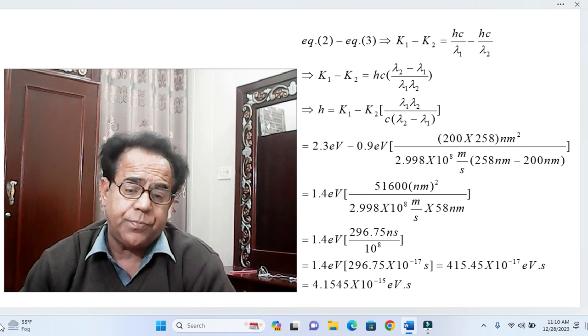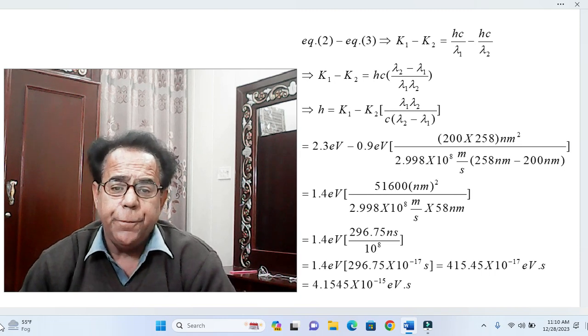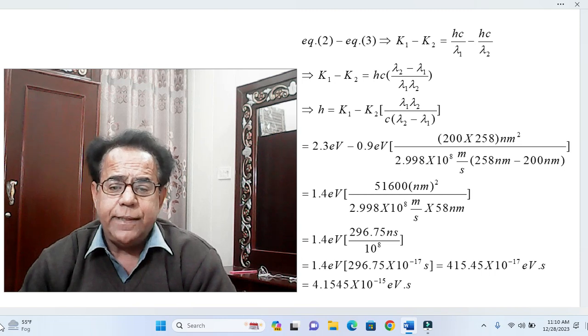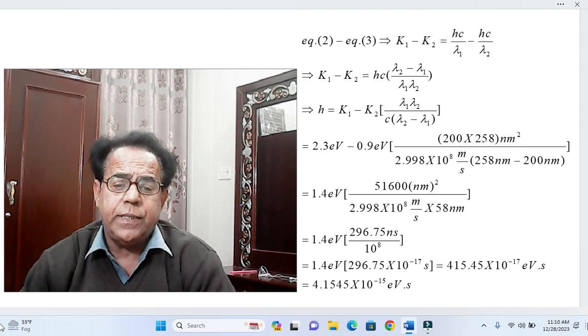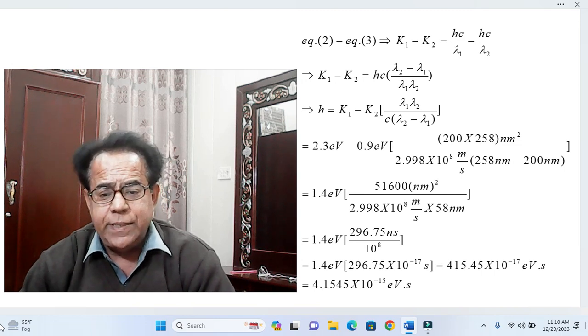So h becomes equal to this, and now we are putting all these values in it, and hence we do not explain it more.